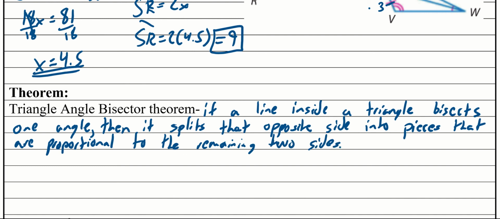If a line inside a triangle bisects one angle, then it splits that opposite side into pieces that are proportional to the remaining two sides. If I look inside a triangle and I see one line inside of it that is bisecting one of the angles, then it splits that opposite side into pieces that are proportional to the remaining two sides.